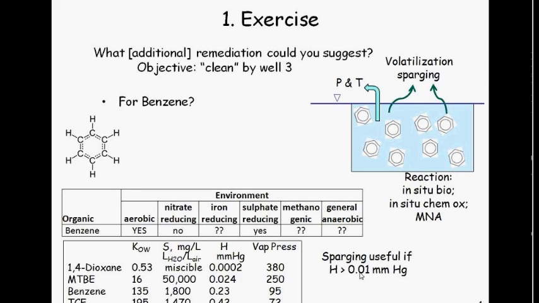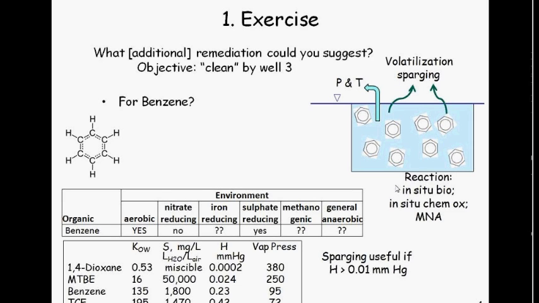Not necessarily easily, but you could at least entertain sparging. Benzene is at least one order of magnitude above it. So benzene probably could be sparged. So we might pump and treat it, we might sparge it.